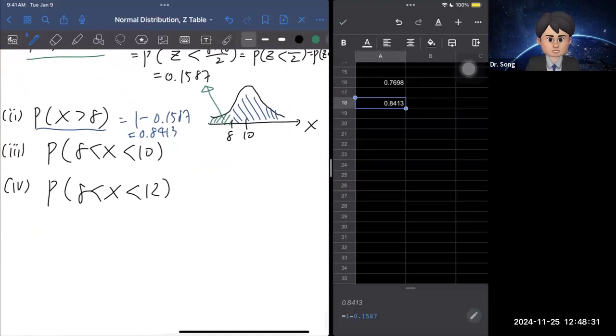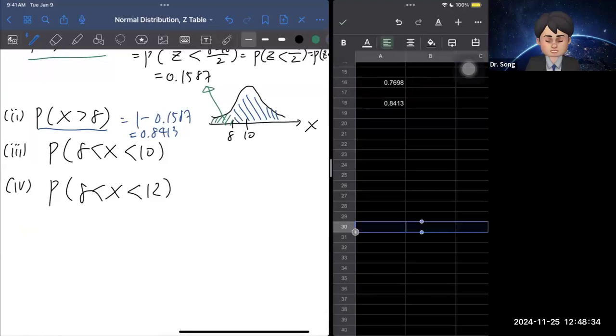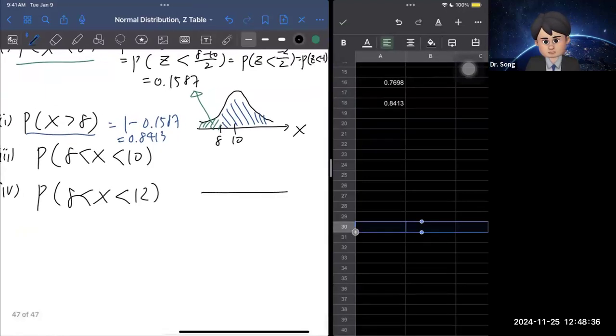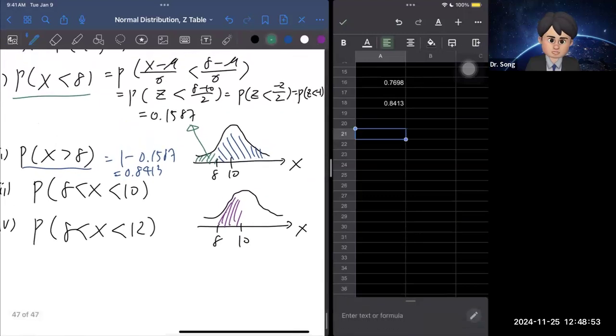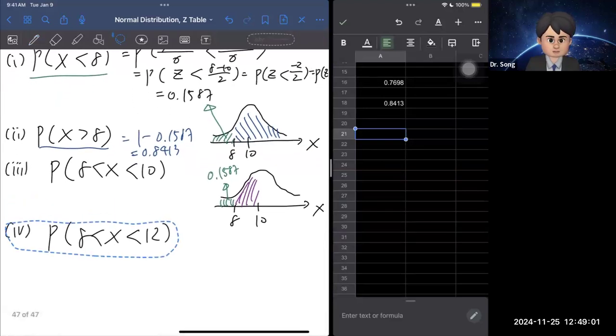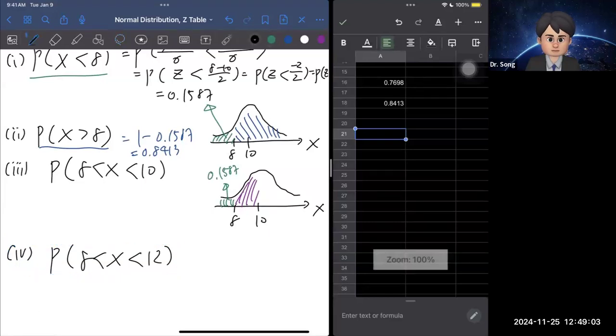Now question 3, we want to find the probability X is between 8 and 10. Again, you can sketch the graph. The center is 10 and here is 8, and we want to calculate this purple shaded area. Keep in mind that 10 is the center, and you know this green shaded area is 0.1587. What you can do is 0.5 minus 0.1587. How is that possible?